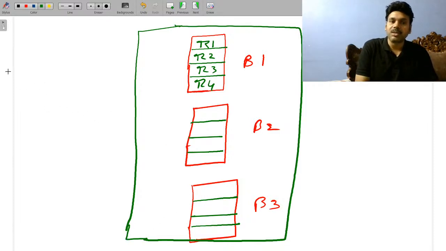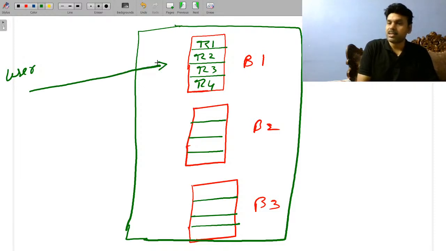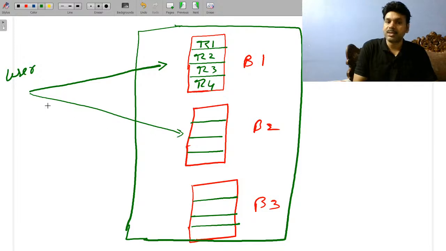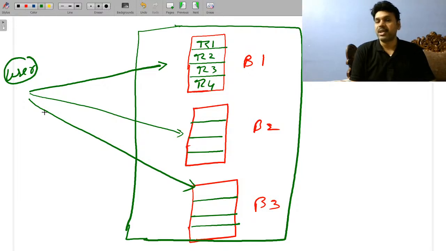If a user would like to access the data, they can do so by contacting the respective blocks. So how does the user give this kind of request to access the blocks? Very simple. When I enter the C drive, I just double-click on the C drive and click on the respective folder.